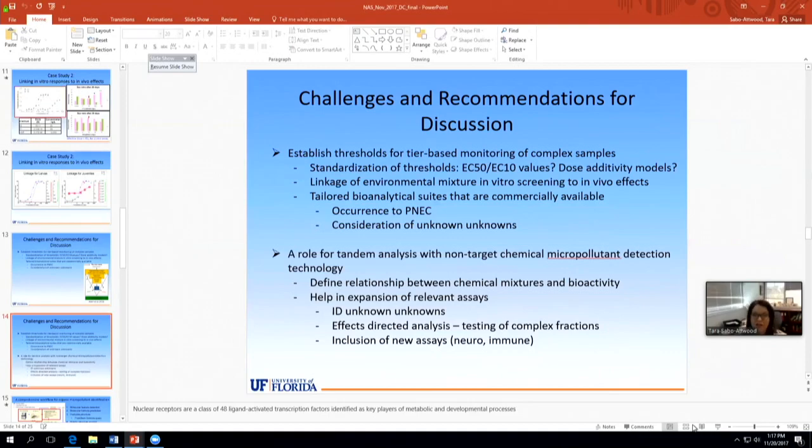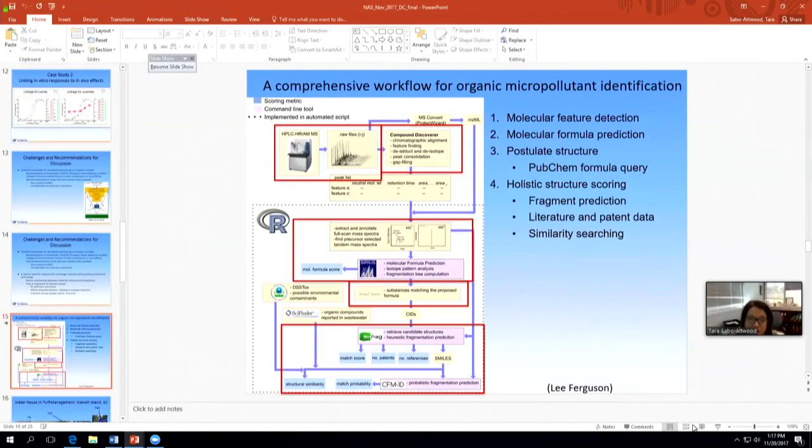And so just as a brief description of how we're trying to get at this, this is a comprehensive workflow for organic micropollutant identification. So this is non-target analysis, where you're trying to screen for everything chemically in a sample. We're working with Lee Ferguson at Duke University, who has developed a complicated pipeline for identifying micropollutants in complex water samples, which is shown in the schematic.